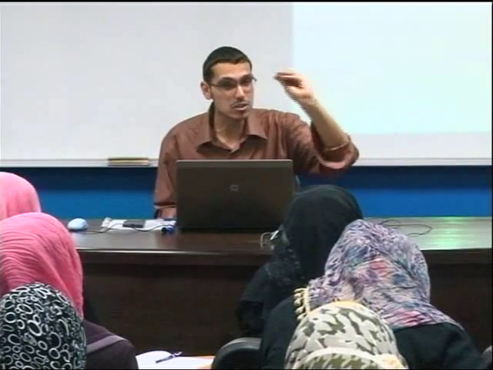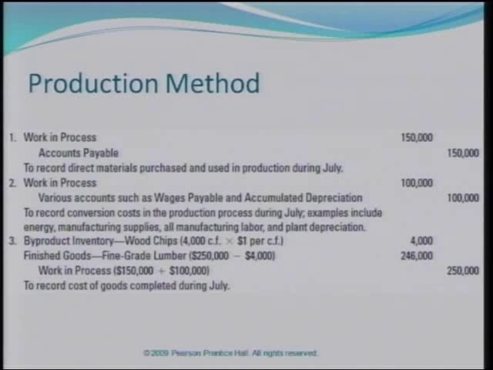Therefore, this $4,000 is considered as a decrease in our joint costs. As we can see here, the byproduct is debited by the amount of 4,000, which is the realizable value. And of course, the finished goods, which is the fine-grained lumber, is debited by the amount of 246.